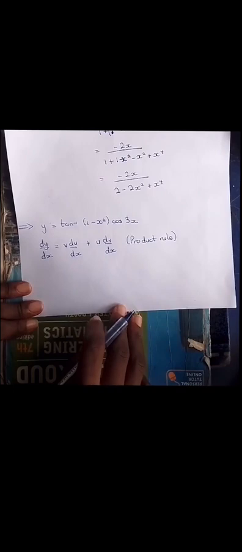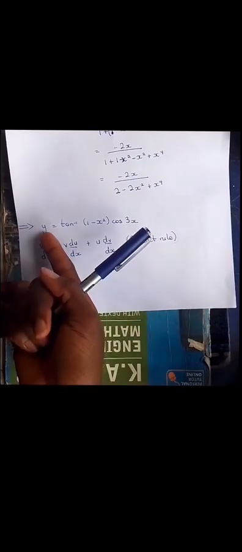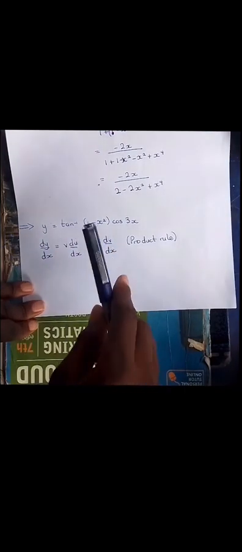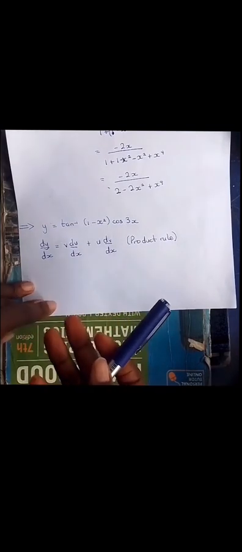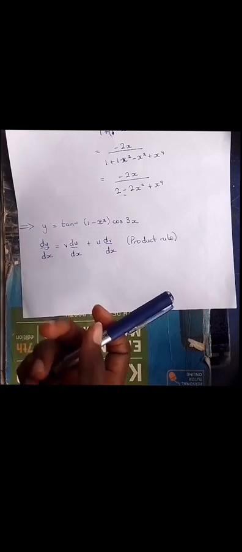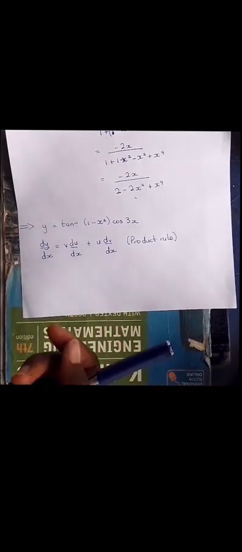Sorry about the background noise, I'll still say it again. Okay, from this question we have been given, we will say let our u be this. We are going to multiply them, so in multiplication we are going to have u times v.